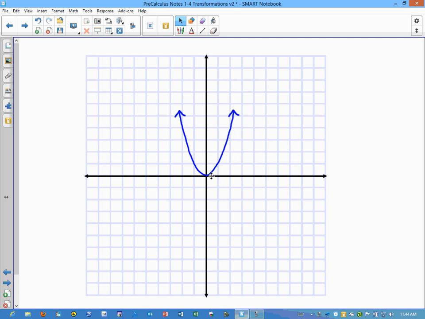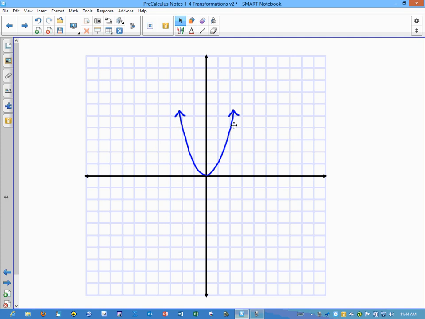For every change in horizontal distance from the origin, every horizontal change will result in the square of that being the vertical change. So that's the relation that this function graphs. And there's going to be symmetry. The branch going off to the right from the origin is the same as the one going off to the left. So if I go left 1, I go up 1. If I go left 2, I go up 4.